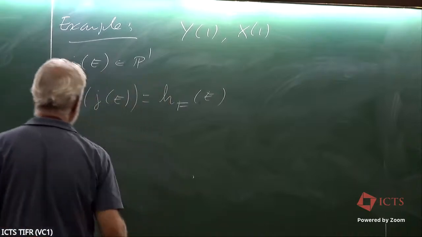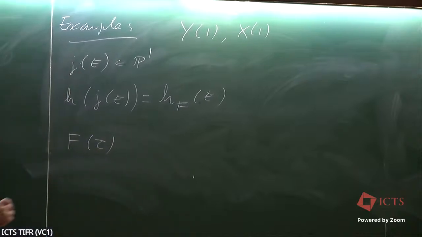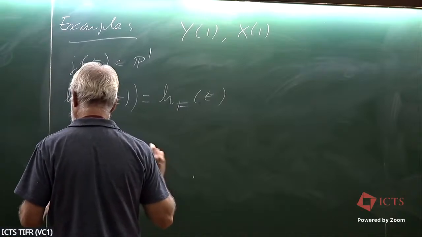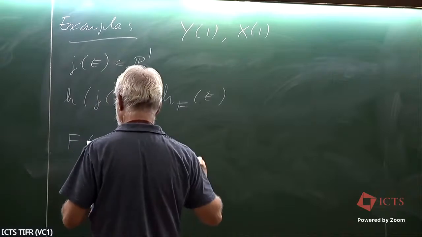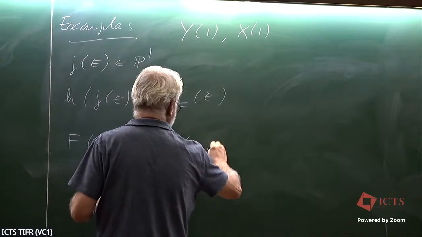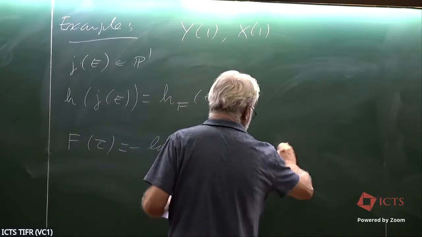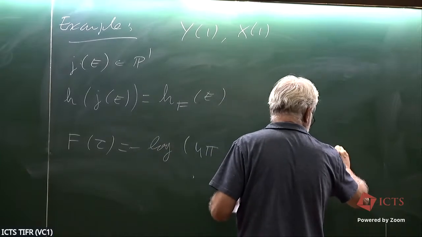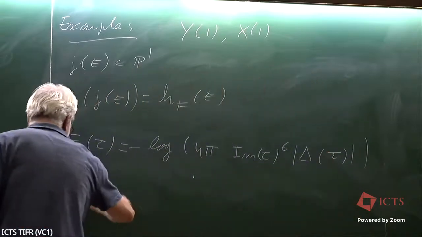So I can define f of tau, which will be given by, not the modular form, but f of tau will be the log of 4 pi times the imaginary part of tau to the 6th power, and then the absolute value of delta of tau, where now delta of tau is the one that is a modular form.